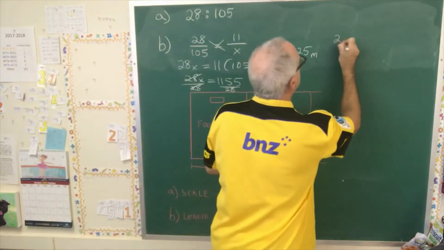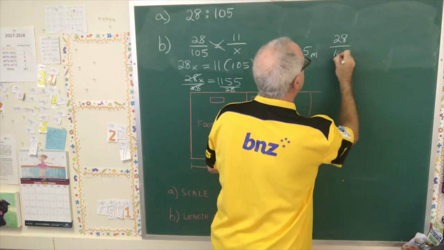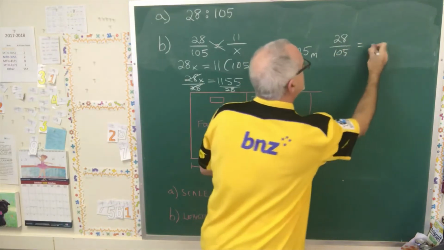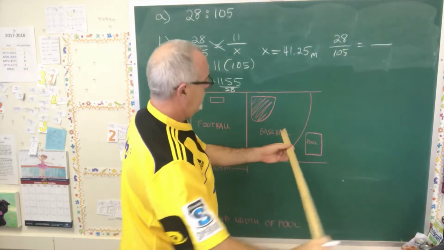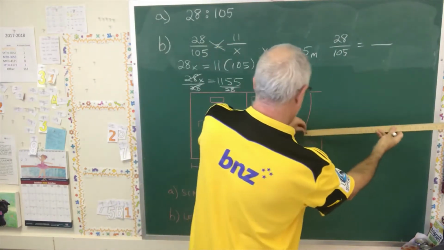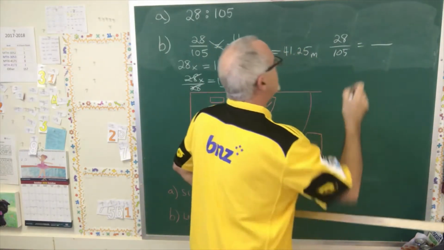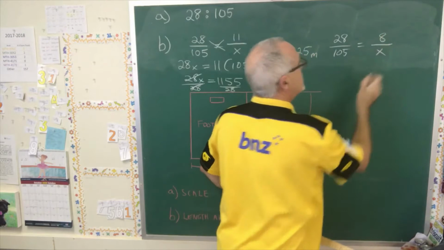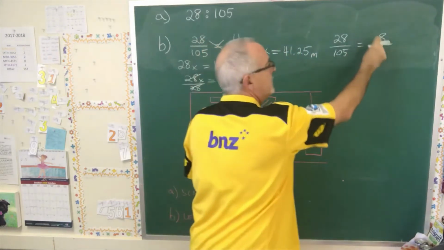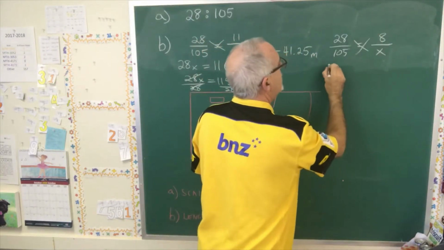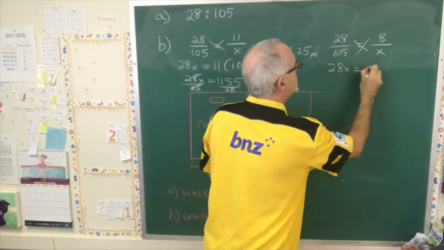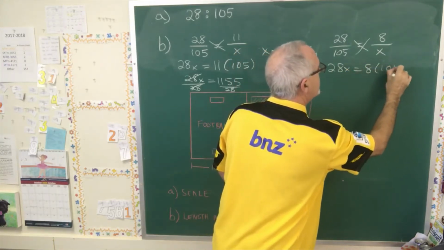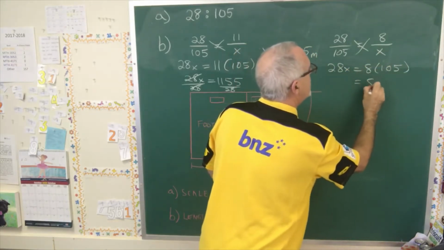We're doing 28 over 105 equals, and we measure the width of the pool. It's 8 centimeters. X goes in the last remaining spot. Ruler over real, cross multiplying. 28x equals 8 times 105, which is 840.